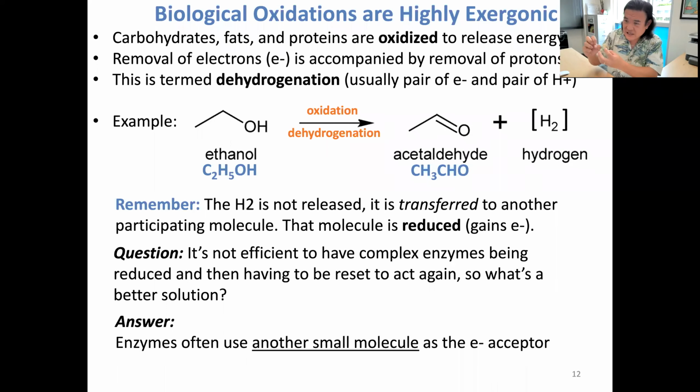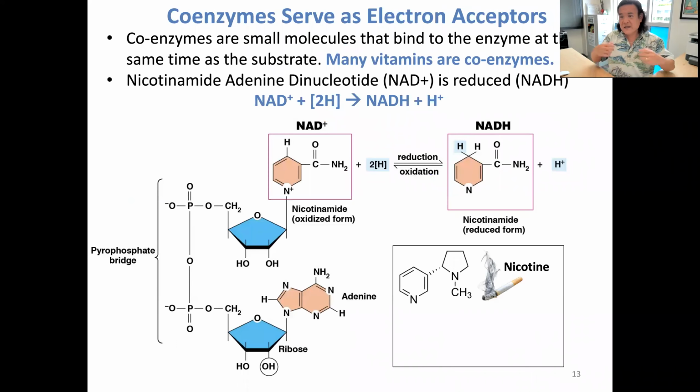They get instantaneously passed or dumped off to some little molecule, which is not a big enzyme, it's some little molecule that can just float away and be used as something else. So we call these electron acceptors. These electron acceptors, because they help enzymes work, oftentimes enzymes won't work unless they have this other small molecule to dump electrons onto. We call these coenzymes, and they serve as electron acceptors.